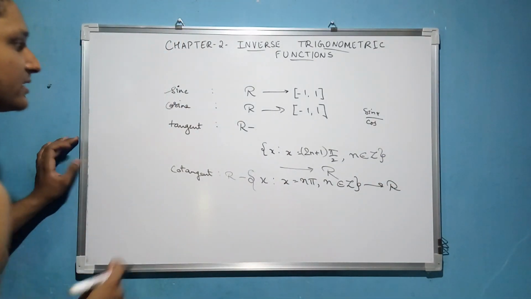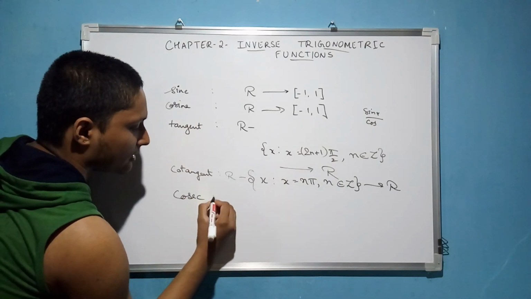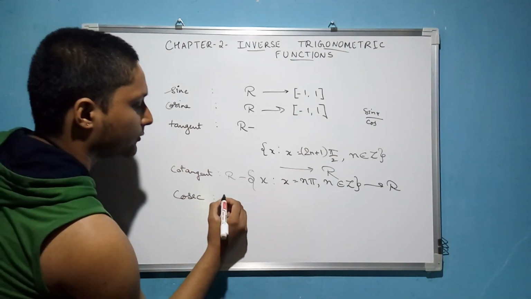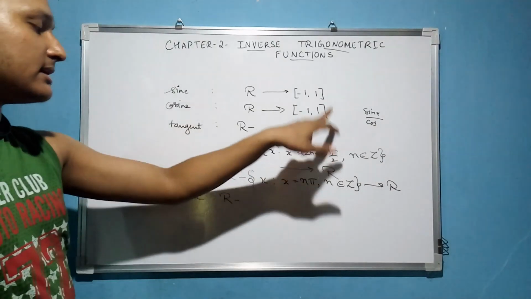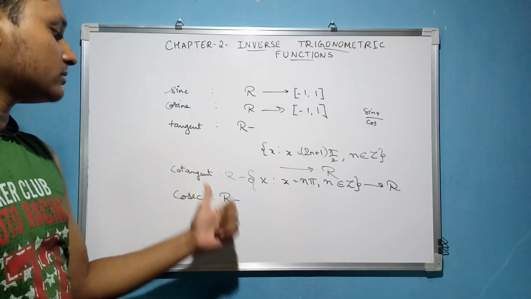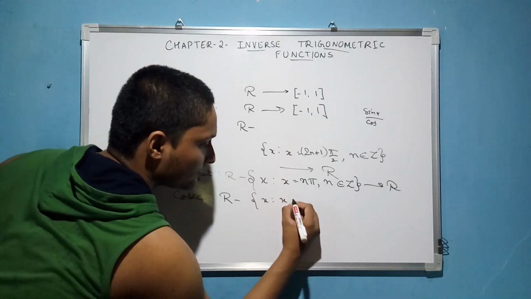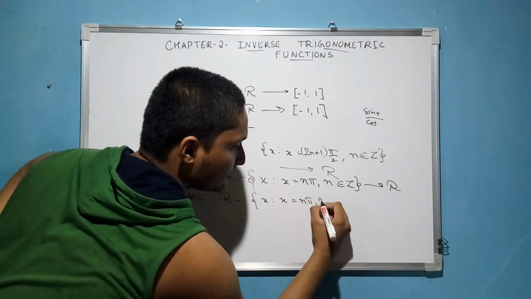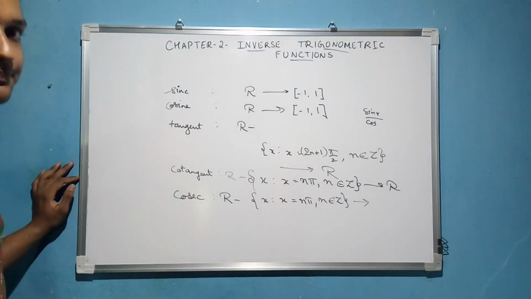Next we take the reciprocal of sine, that is cosecant. When it is the reciprocal, the condition comes to be the same, because sine comes to the denominator. So whenever sine is 0, this does not exist. So the domain is the same, that is x is equal to n pi, where n belongs to Z, but the range doesn't come to be the same.